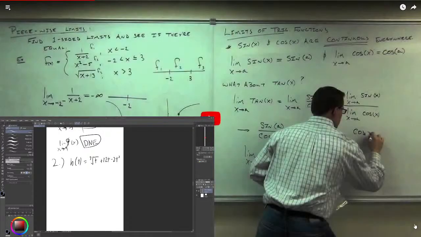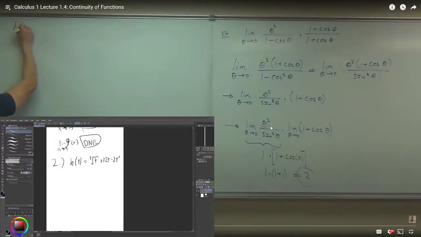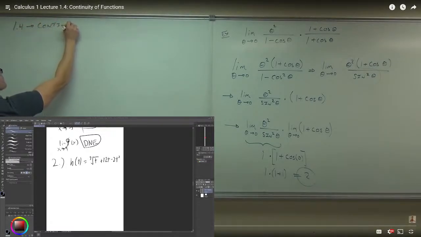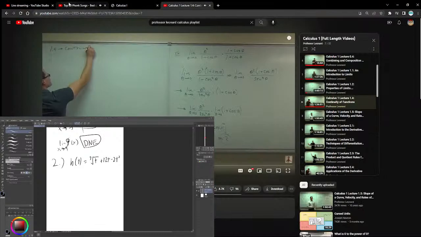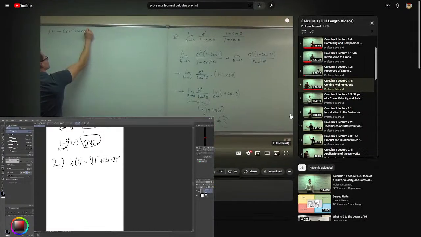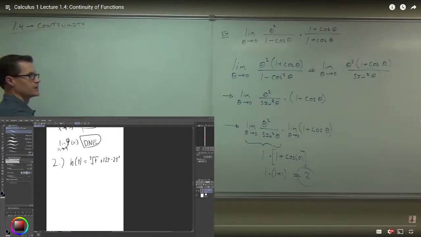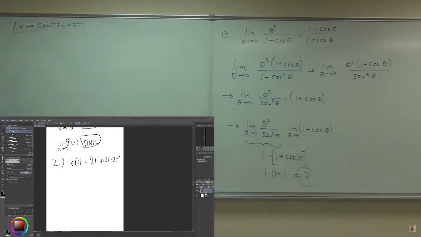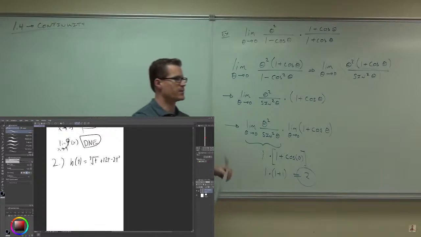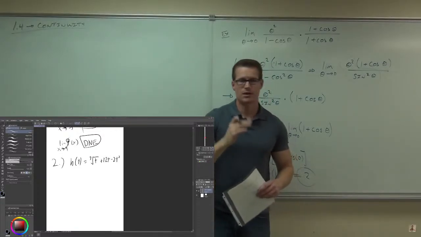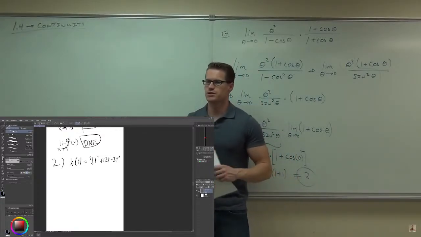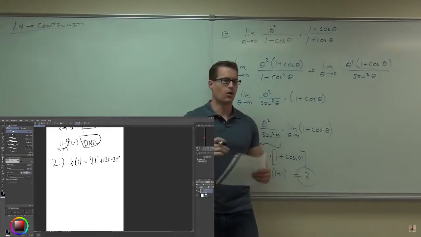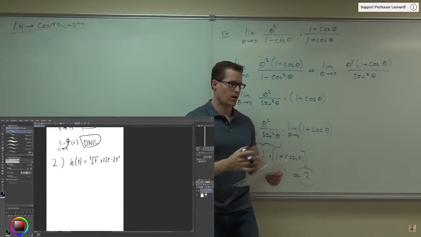Times this. Continuity. Here's the layman's term definition of continuity. A function is continuous if it has no holes, breaks, or asymptotes.